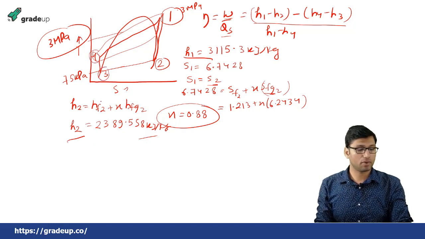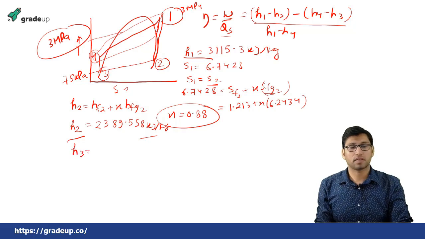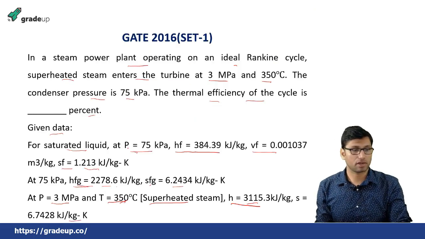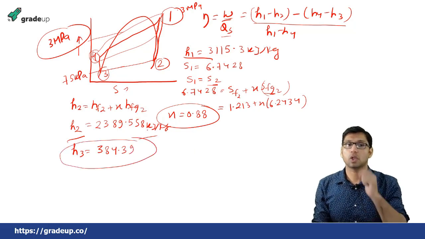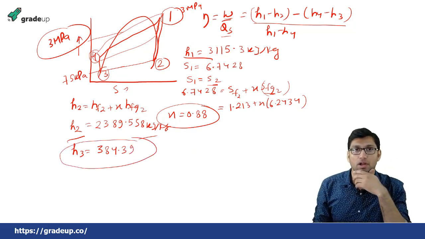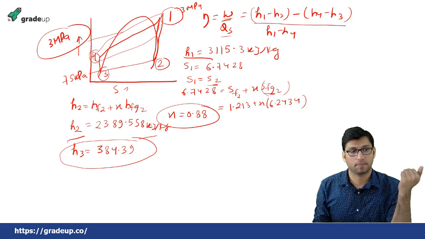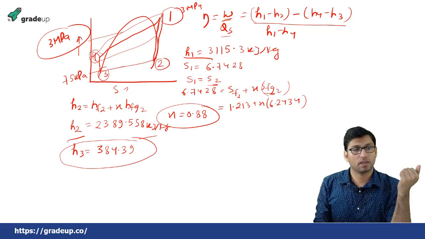The value of H3 is the enthalpy of the saturated liquid, which is given to you as 384.39. So H3 is equal to 384.39. Now you have to find the value of H4. How can we find it? We know that the pump work is equal to H4 minus H3.